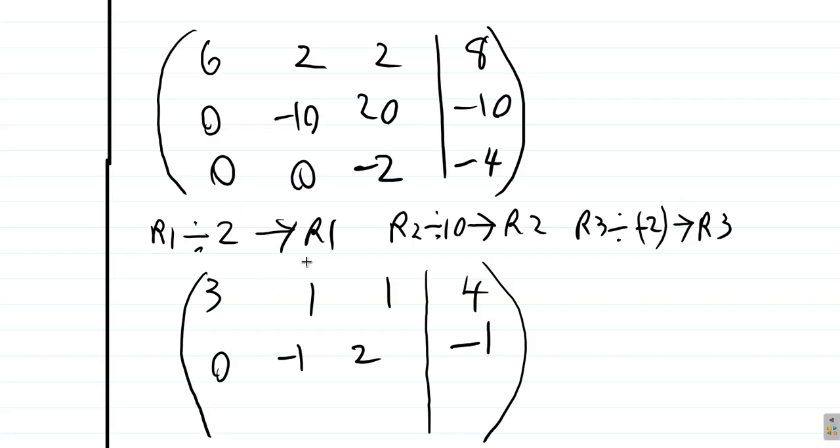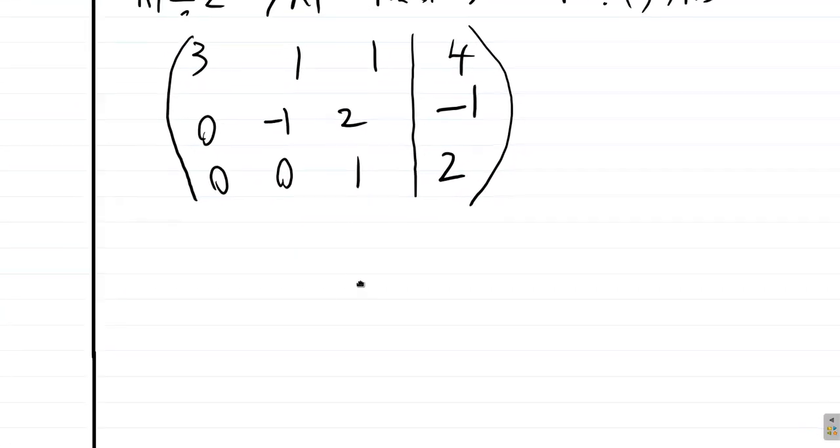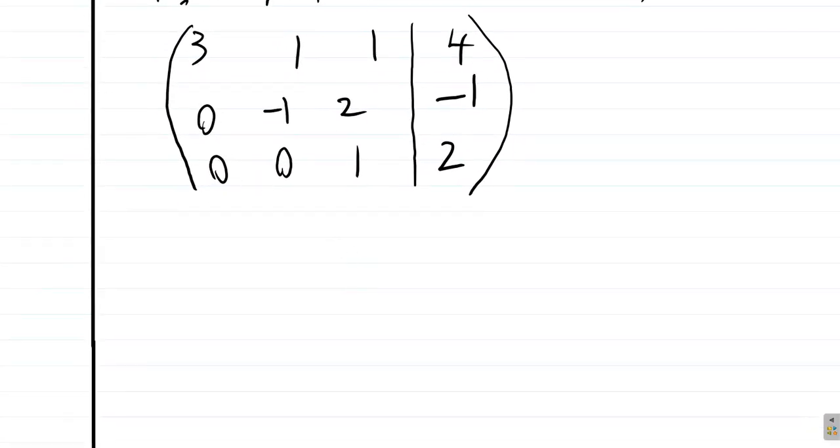So if we divide everything here by negative 2, 0 over negative 2 is 0. 0 divided by negative 2 is 0. Negative 2, when you divide this, we're going to get 1. And divide negative 4 by negative 2, we get 2. Okay, good. So we have this equation.